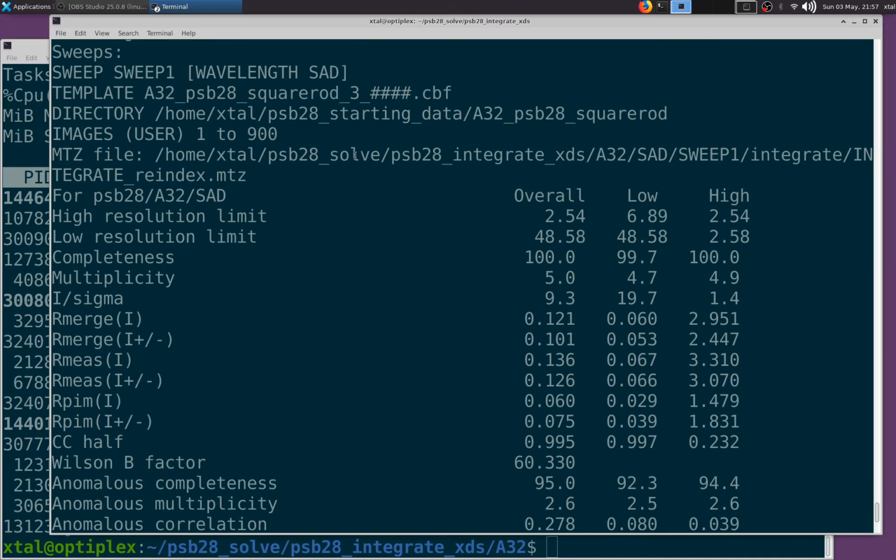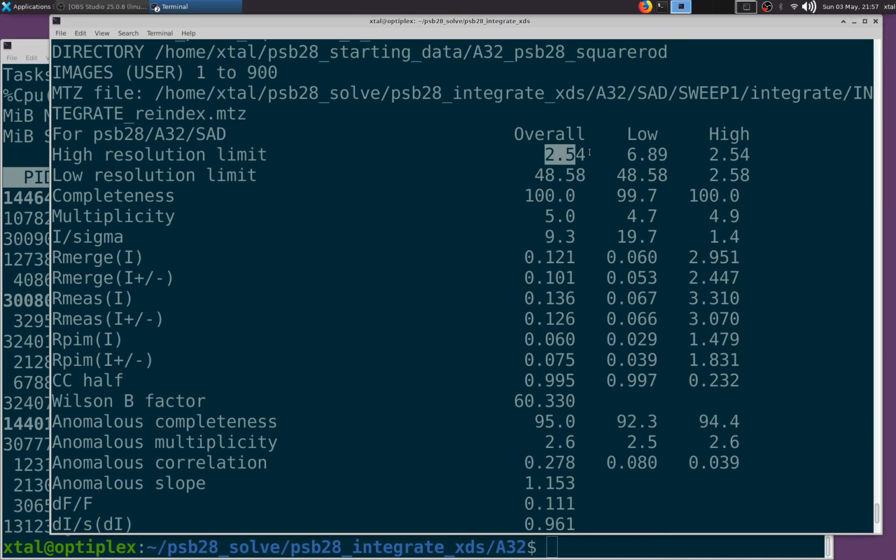So if we look at the stats, the high resolution limit was 2.5 angstroms, which is pretty good. We are basically 100% complete. 5-fold multiplicity, so every spot is measured on average 5 times. I over sigma is on average 9.